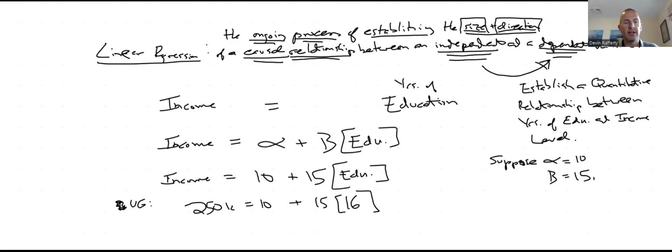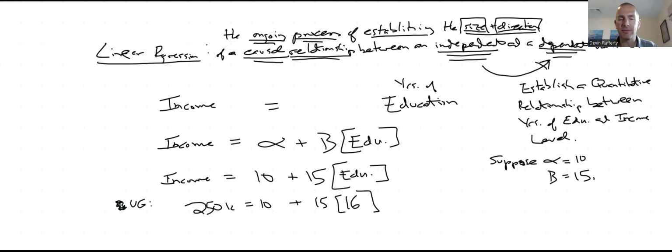If the y-intercept was 10 and the slope was 15, then we would write income is equal to 10 plus 15 education, which means that if you get an undergraduate degree, that's 16 years of education. 15 times 16 is 240. 240 plus 10 is 250,000. So we would say, all right, with an undergraduate degree, we would expect somebody to make $250,000 a year.